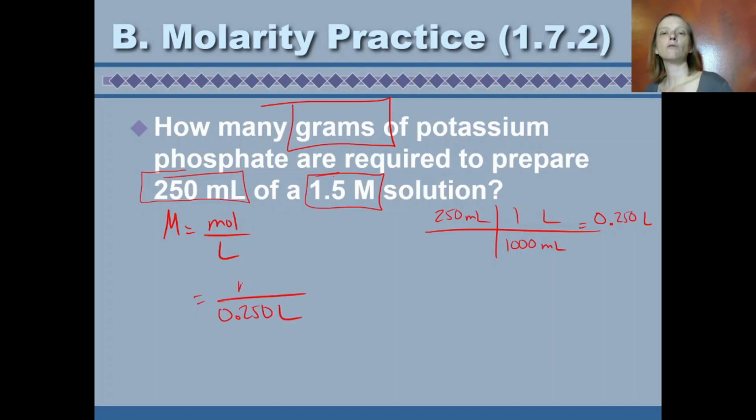I'm going to solve for moles, and then in a separate step I'll convert that to grams. I have a 1.5 molar solution, 1.5 molar.